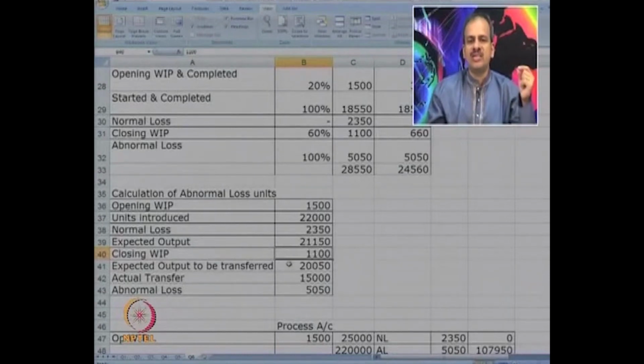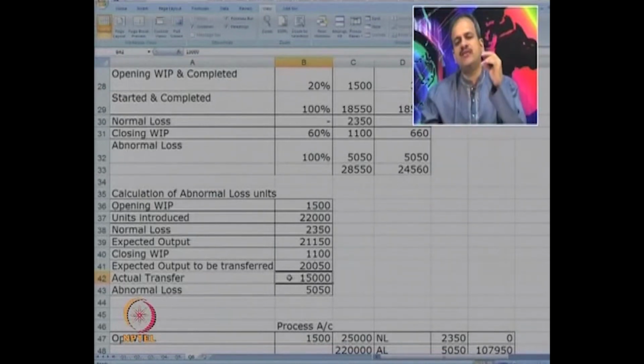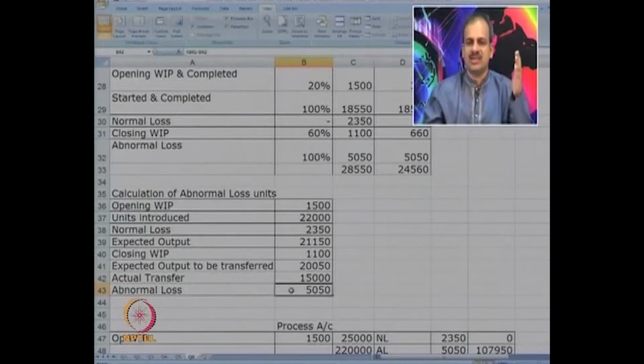So the output which is completed and transferred becomes 20,050. The output which is actually transferred is only 15,000. So we expected output of 20,050, the actual output is 15,000, so the difference is bound to be abnormal loss. So 5,050 is the units of abnormal loss.